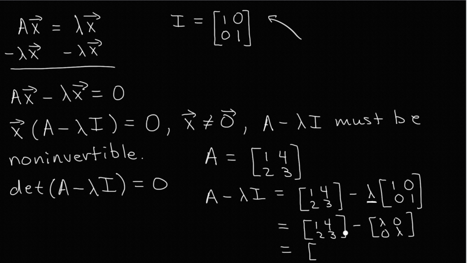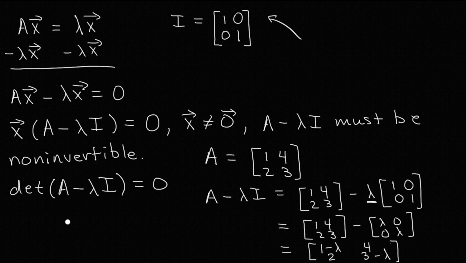Once we subtract these two matrices, we'll get 1 minus lambda, 4 minus 0, that would just be 4, 2 minus 0, that would just be 2, and 3 minus lambda. We can write that like this. So this is our new matrix. And now what we want to do is find the determinant of that.